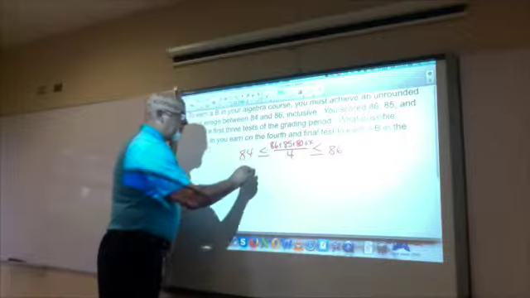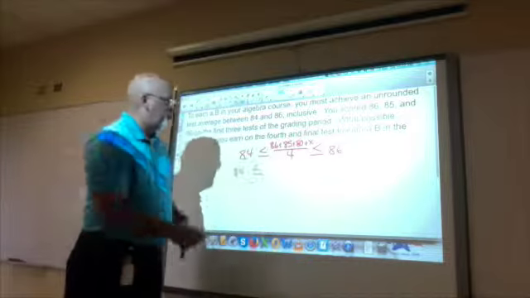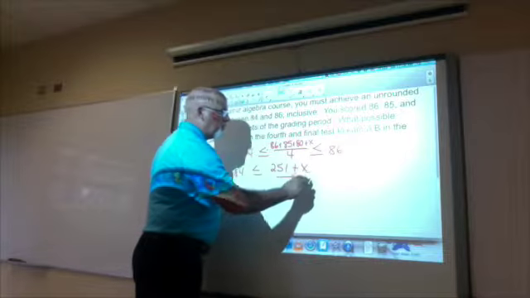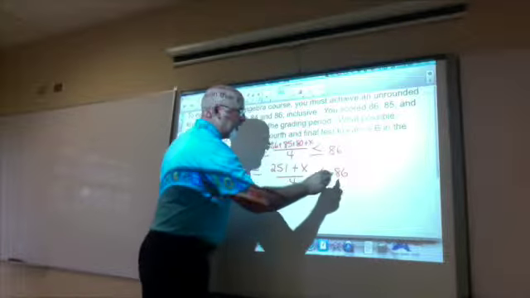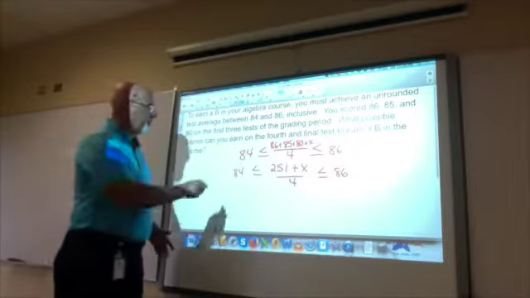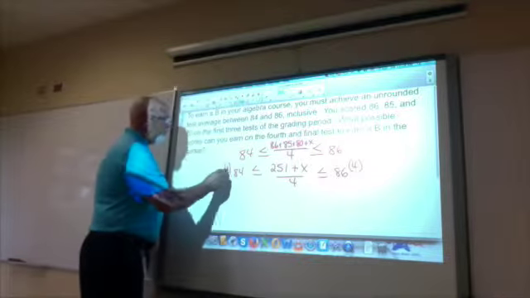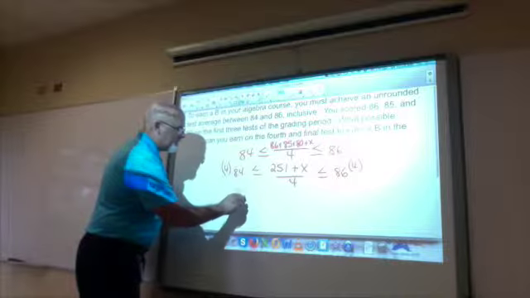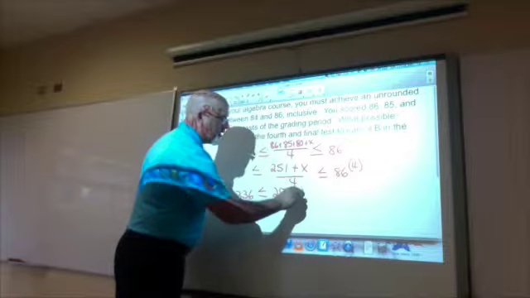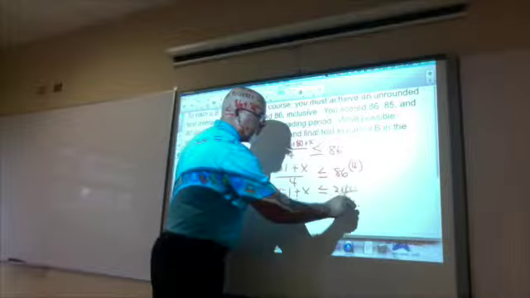So we've got 84 is less than or equal to 86 and 85 and 80 make 251 plus x over 4 is less than or equal to 86. To get rid of the 4 that's on bottom, we multiply all sides by 4. 4 times 84 is 336, is less than or equal to 251 plus x, which is less than or equal to 344.